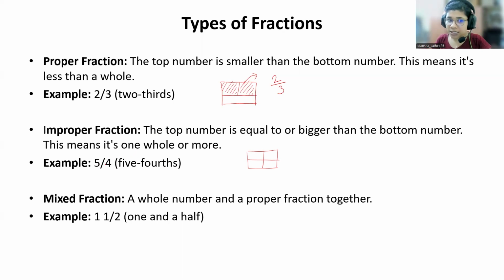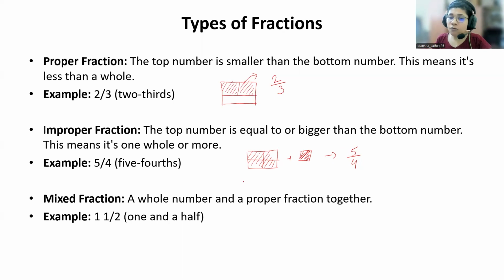That is written in the denominator, the bottom number. But you are interested in 5/4. So you are interested in this whole thing, four parts, plus one equivalent part. So total 4, but you are interested in 1, 2, 3, 4 plus 1, 5. So this is known as an improper fraction.